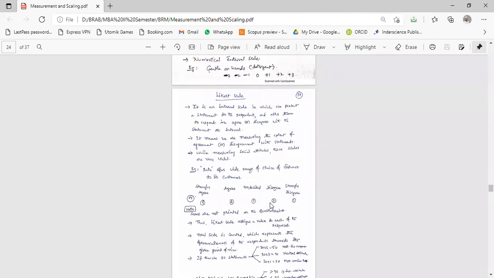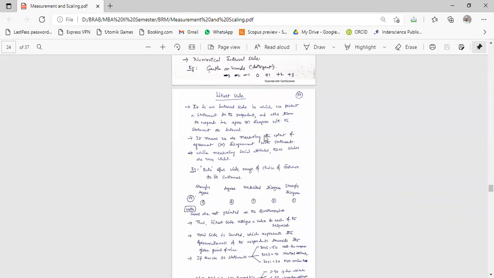Then Likert scale. Likert scale means it is an interval scale in which we present a statement to the respondents and ask them to agree or disagree with the statement. So we provide one statement and ask the respondent whether they agree or not. It means we are measuring the extent of agreement or disagreement with the statement.